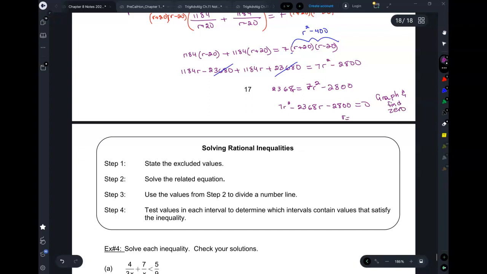R would be 339.5 miles an hour. Now, when you graph this, are you going to use the normal negative 10 to 10 window? No, you have to go up into the hundreds and the thousands and the whatevers, right? Now, when you graph this, what's on your x-axis? What's on your x-axis when you graph?